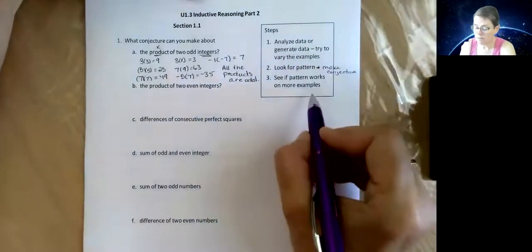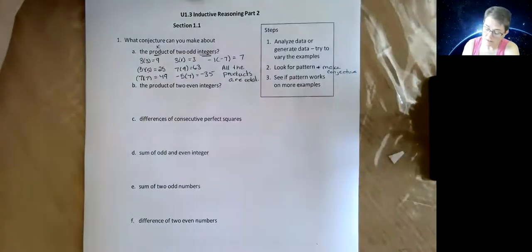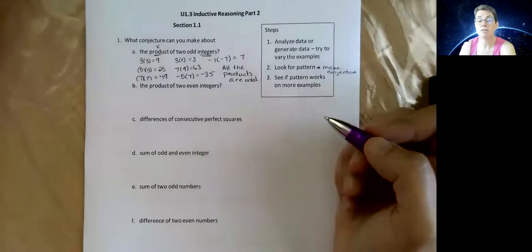Now, see if the pattern works on more examples. Well, we did a whole bunch there and kind of ran out of room. But is there any two odd numbers you can multiply together where you're not going to get one? Right? Well, what if I used 99 times 101? What if they're really big?